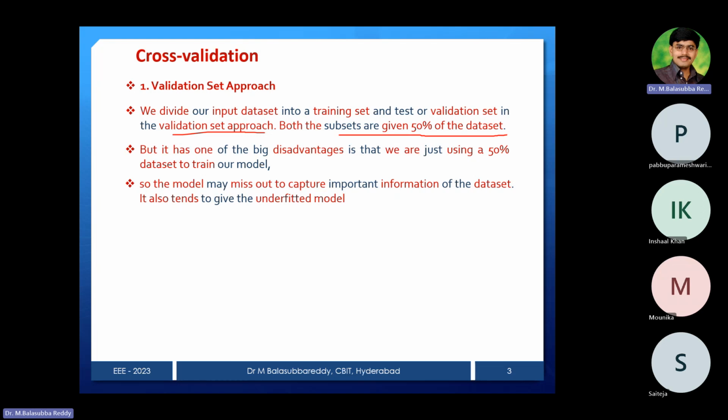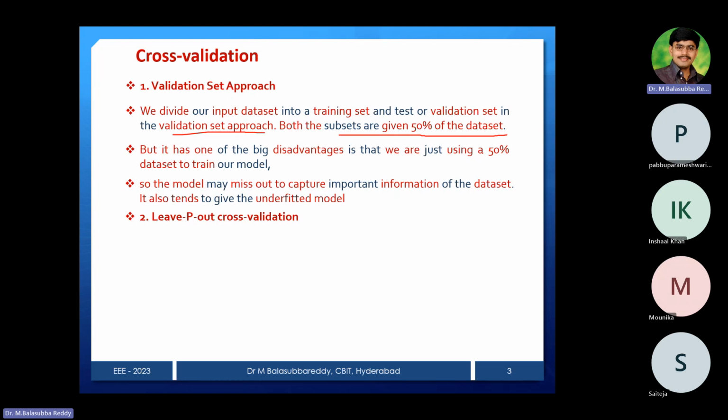If any one combination, or some important combinations, is missed in that 50 percent of the data, then while going for prediction, the model may not understand unknown data if it is another set of combinations. Like that, we have to pass many combinations to get an accurate model. That is the major disadvantage of the validation set approach.